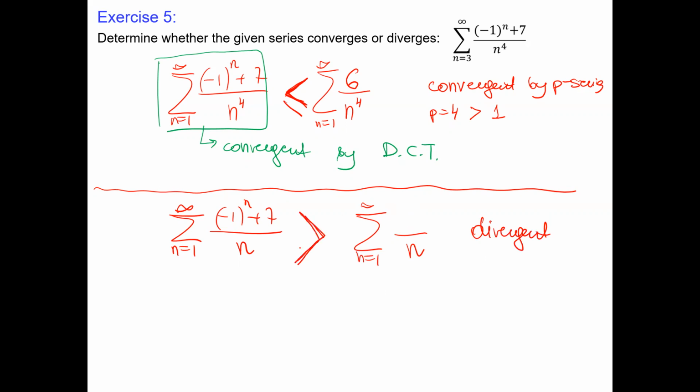Then what I need: if we would like to claim divergence based on the direct comparison test, I have to have this inequality. That means this expression is greater. Am I right? Hold on. I think it's good that I gave you this one.